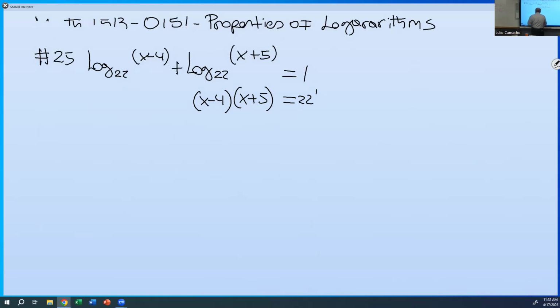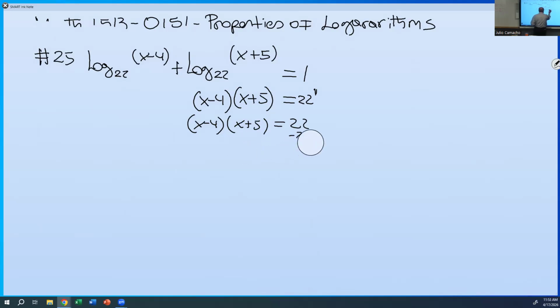Any number raised to the 1 power is the same number. So in reality, you have 22 only. It's 22 to the 1, which will be equal to x minus 4 times x plus 5, and that will be equal to 22.